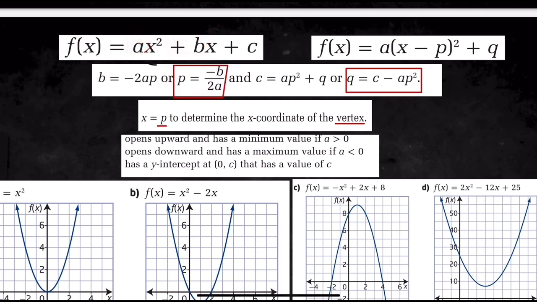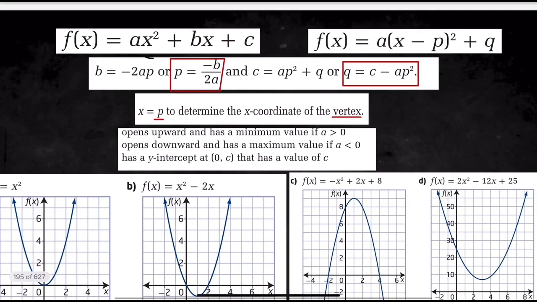And your Q will be your C minus A times the P that you found, squared. Okay, got it? Perfect. So let's see some examples.